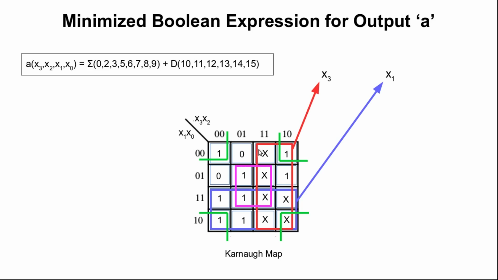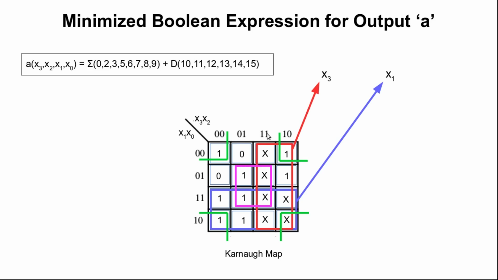However, this group consists of only 2 columns, and the 2 columns are 11 and 10. And if we compare which variable is changing, we see that x3 is equal to 1 here and it's also 1 here. So x3 is not changing. However, x2, which is 1 here, is changing to 0.